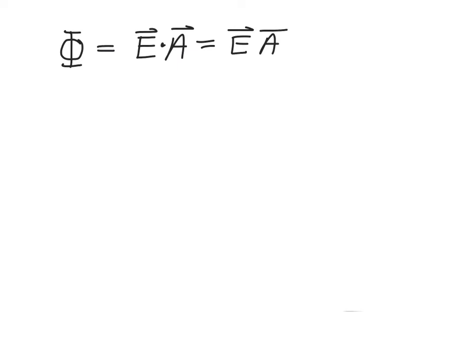So the amount of flux, or the number of field lines, or the amount of field lines onto or through a surface, is going to depend on the field strength, the area of the surface, and the angle between them. That's why we write it as a dot product, EA cosine theta. And you should have a figure to illustrate that.